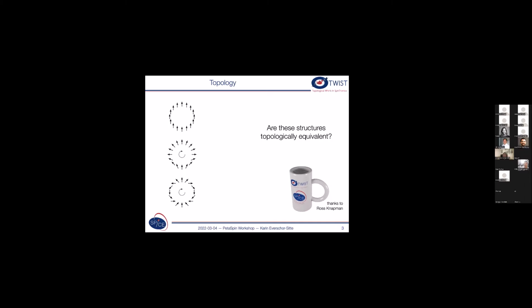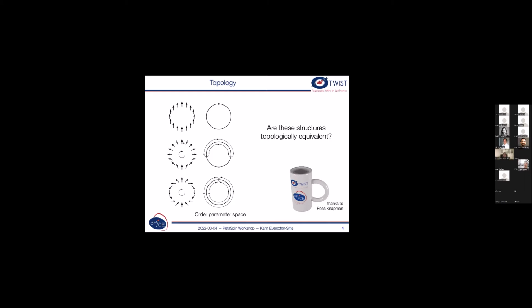While you can try to find such a mapping by finding out how you can deform them into each other, there's another concept that you might use, which is the concept of the order parameter space. So in the first part, which is a topologically trivial structure, everything is ferromagnetic, all oriented in one direction. If you map this to the order parameter space, every spin or every vector is looking towards the same direction.